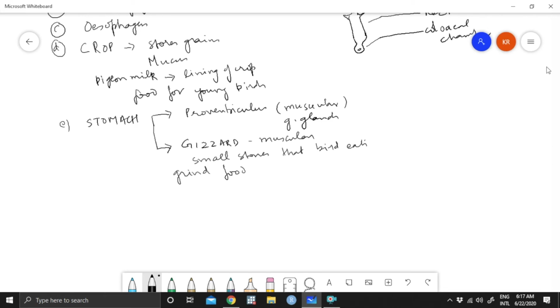Food often goes from gizzard to proventriculus to gizzard to proventriculus. It means a little bit of grinding takes place, then it goes back over here. Chemical or enzymatic digestion comes back into the gizzard, physical digestion. So it goes up and down to get completely digested and made into a paste.